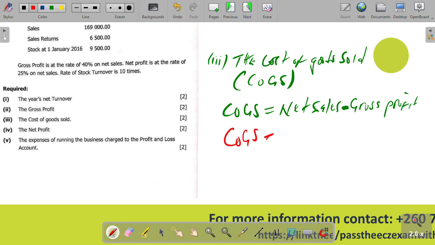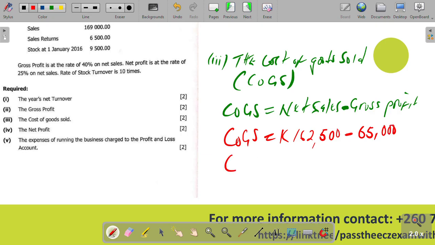So COGS, what's our net sales? Our net sales, the one that we found in our other question, 162,500, minus the gross profit that we found in our previous question, 65,000.